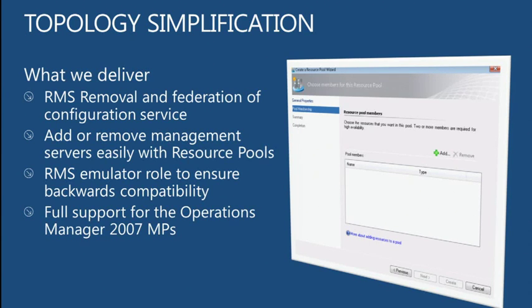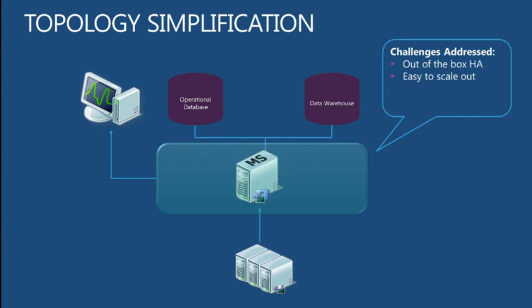So we have created this RMS emulator rule that moves across the management servers, and this ensures backwards compatibility. I'll talk a little bit about this in a further slide on how we preserved some of your existing investments, but that does mean that management packs that were written for 2007 R2 will be fully compatible moving forward towards 2012. So let's just visualize what these topology simplification investments look like.